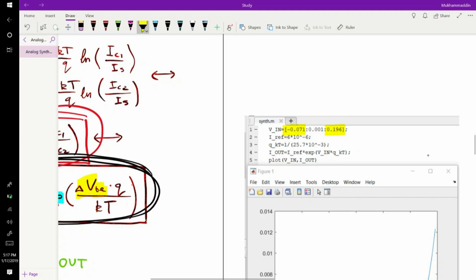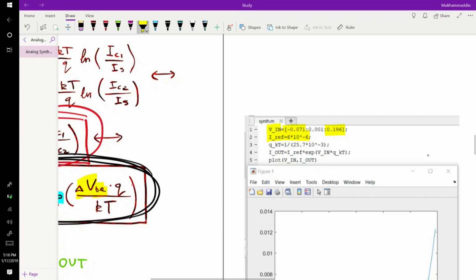This is, by the way, my MATLAB simulation of the linear to exponential converter. We have our V-in, the input voltage, which is coming from our coarse and fine frequency adjustment, which is coming from our summing op amp. Then we have a reference current that we set using our op amp.